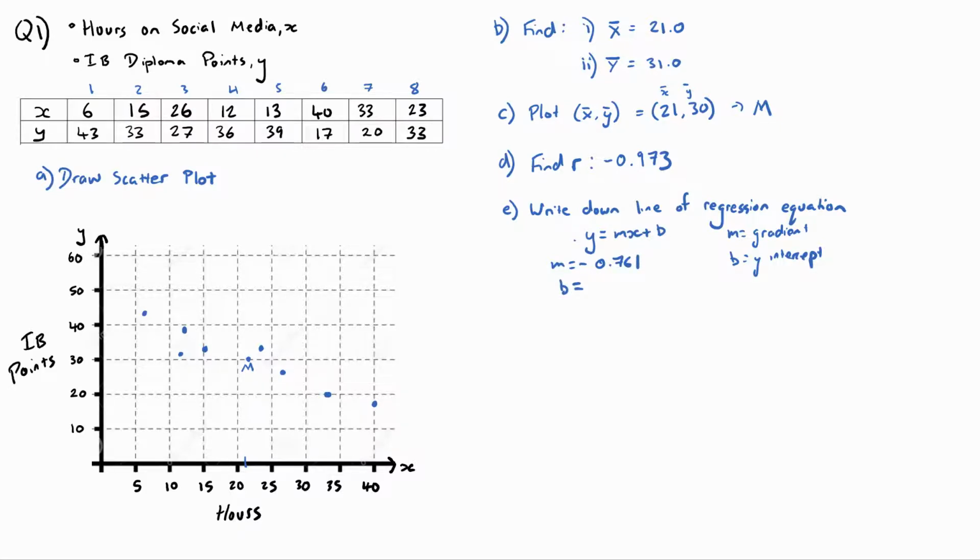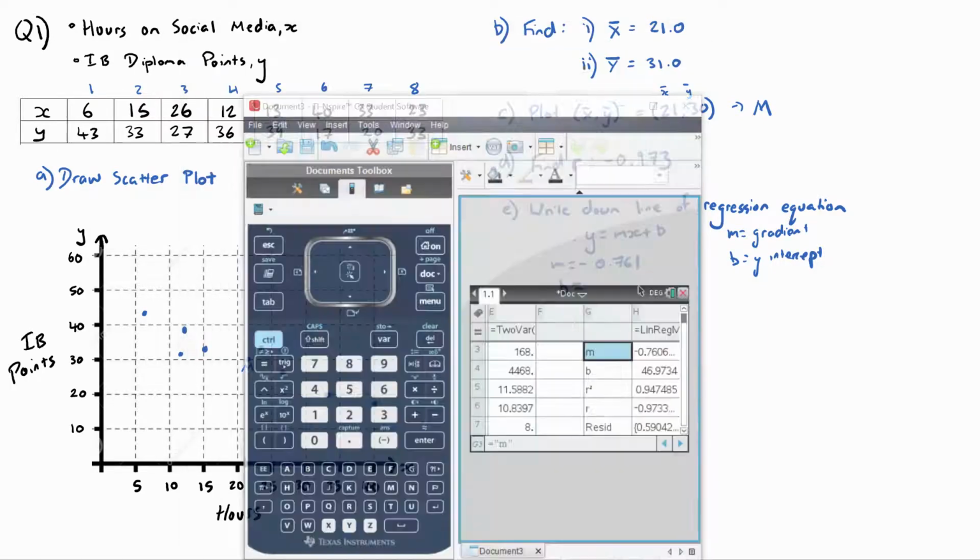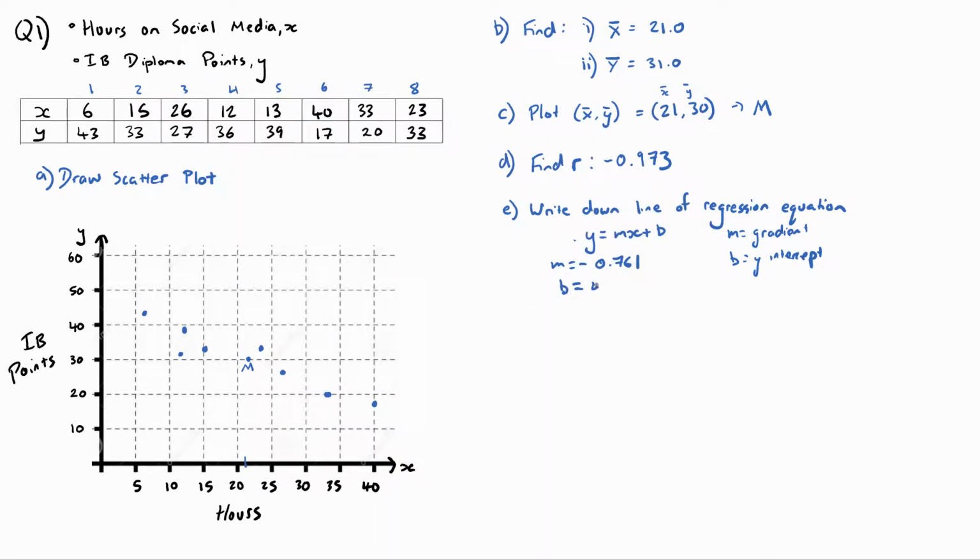And our B value is 46 point, okay, to 3 significant figures, this will actually be 47.0 because the 9 is rounded up by the 7, so 47.0. So therefore, our line of regression equation is y equals minus 0.761x plus 47.0. And that is the answer to part E, question 1.